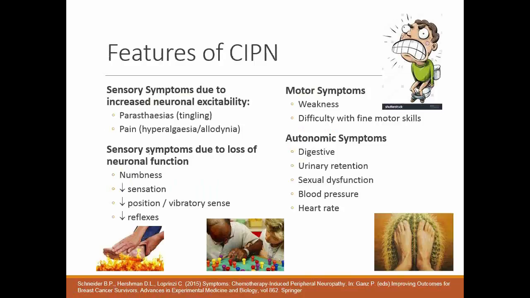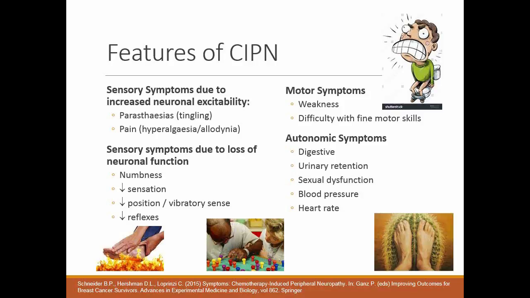So the features, what does it look like? Sensory symptoms are due primarily to increased neuronal excitability, so the paresthesias, the tingling, the itching, but also the dysesthesias, the discomfort, the pain. So this is more the cold pain, the burning pain, the lancinating type pains.